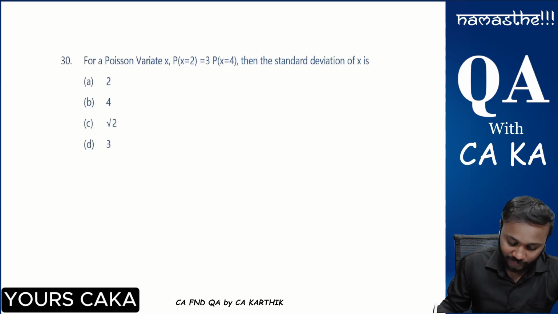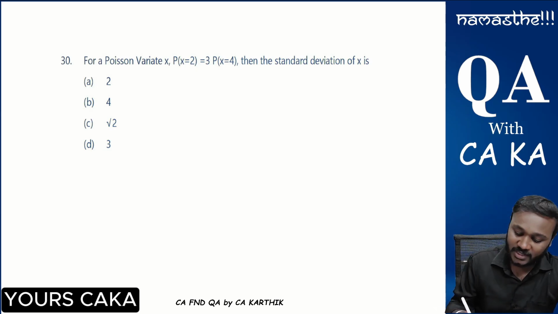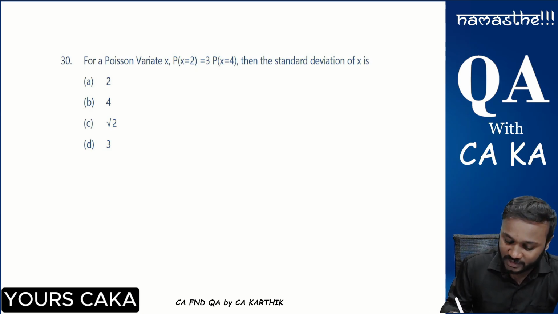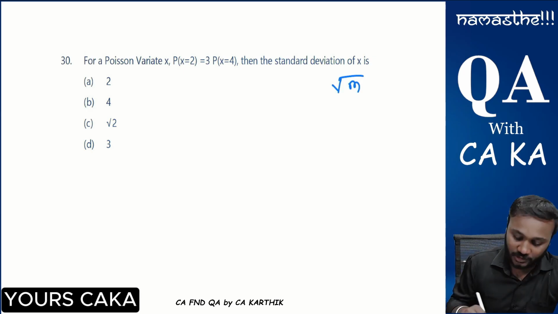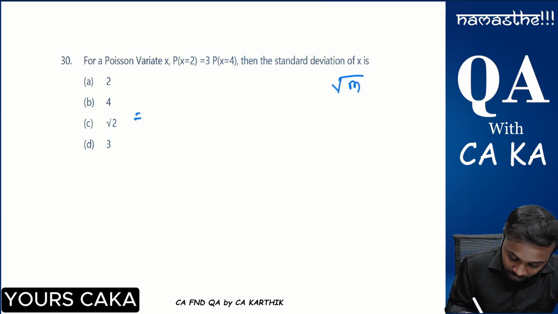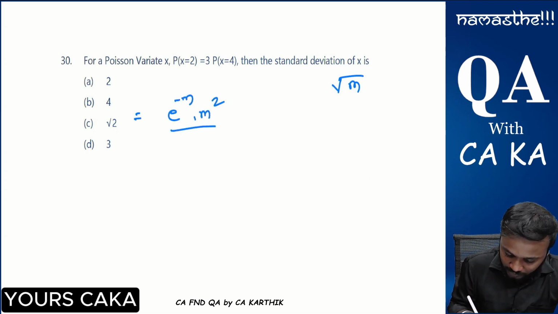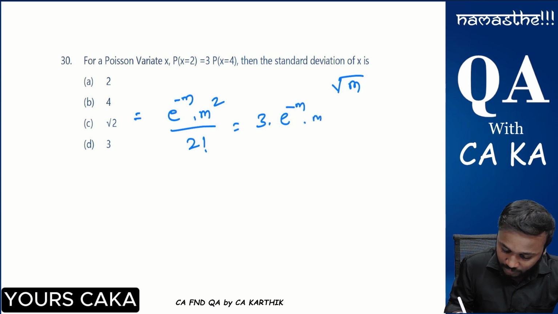Last question. For a Poisson variate x, P of x equal to 2 is equal to 3 into P of x equal to 4, then the standard deviation of x. Standard deviation of x is nothing but root m, that is what they are asking. So if you write e power minus m into m square by 2 factorial is equal to 3 into e power minus m into m power 4 by 4 factorial.